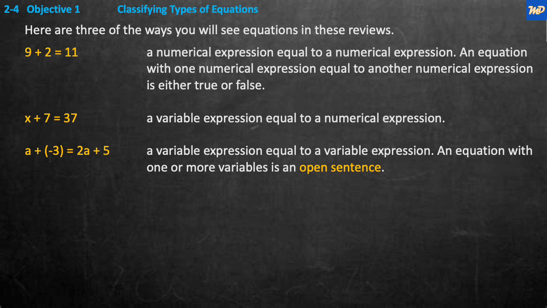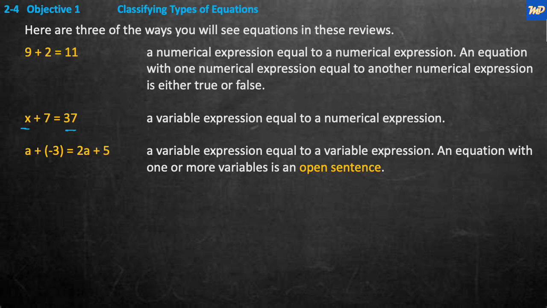A variable expression is an expression with a variable. Here, x is the variable, and the variable expression, x plus 7, is equal to a numerical expression. The 37 is the numerical expression. The third one is a variable expression equal to a variable expression.